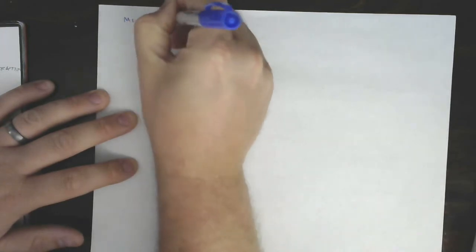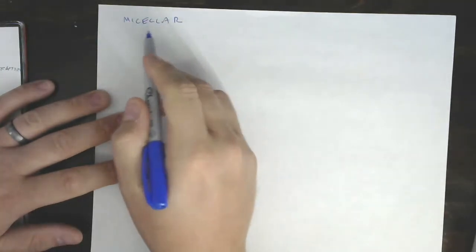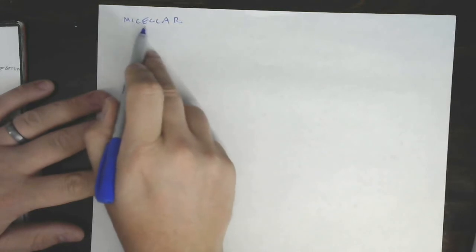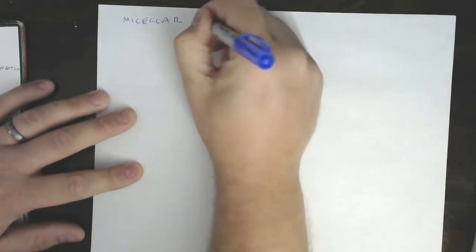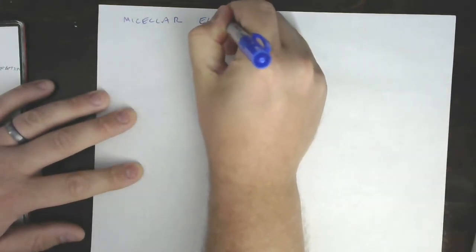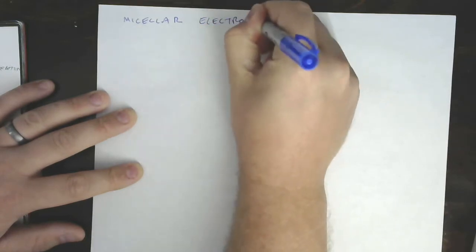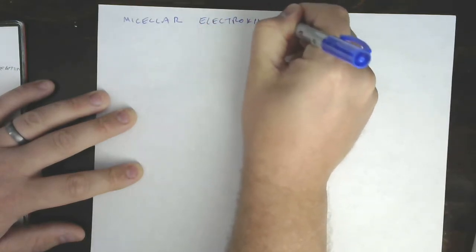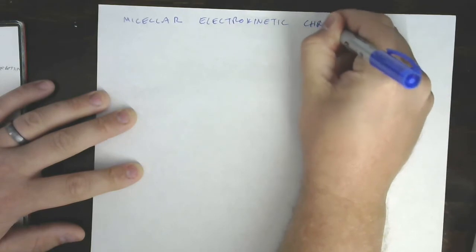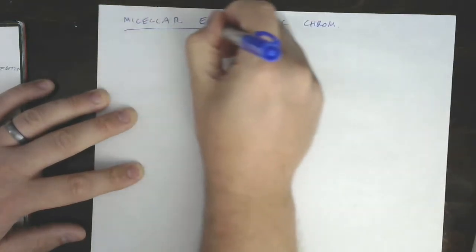I always say micellar, and I just realized for the first time in my career yesterday, there's no U in here. Micellar Electrokinetic Chromatography. So we are back to chromatography, now with electrophoresis. We'll see how that works.